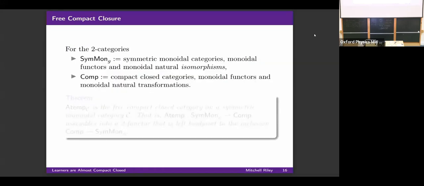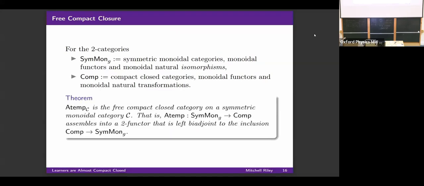Okay, so not only are atemporal learners compact closed, they're in fact the free compact closure of a symmetric monoidal category C. So just to state this formally, we've got these two categories: symmetric monoidal categories, monoidal functors and monoidal natural isomorphisms, and then compact closed categories, monoidal functors and monoidal natural transformations.